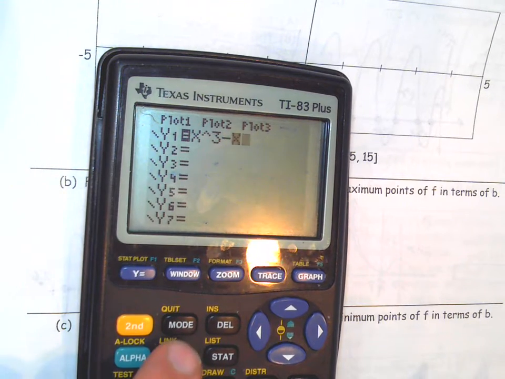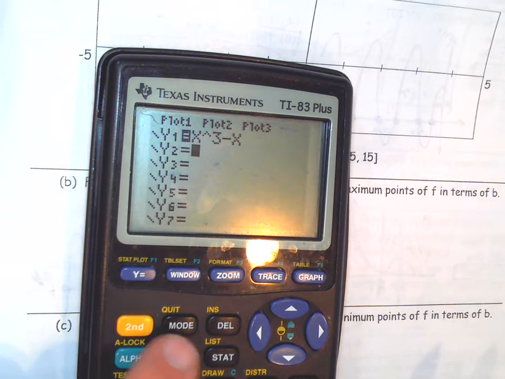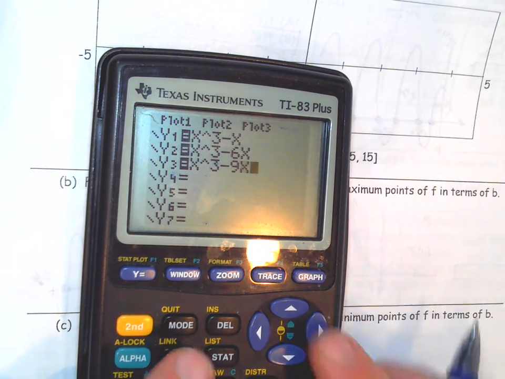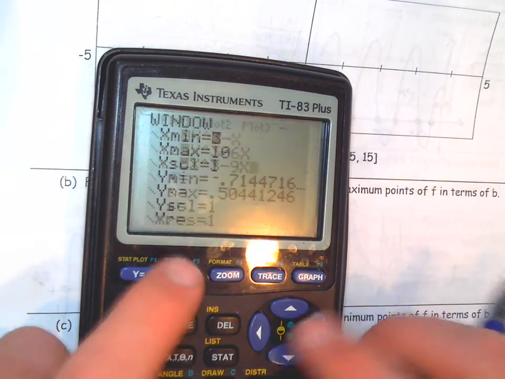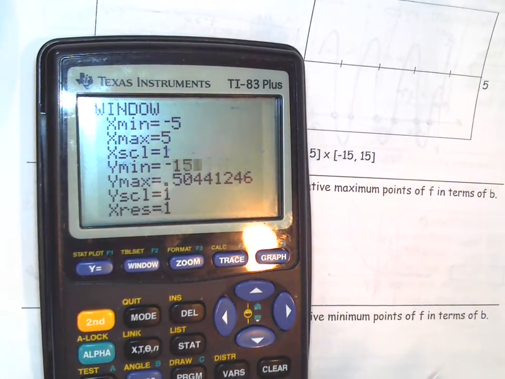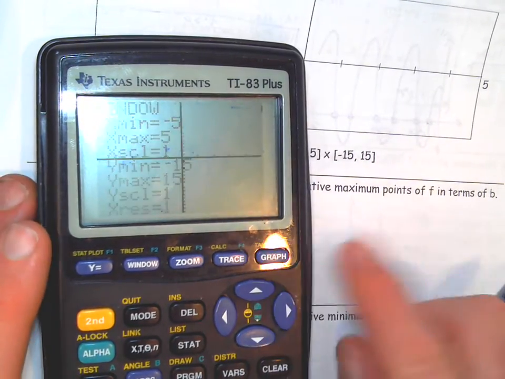Then graph x to the third minus 6x, plugging in 2. And then graph x to the third minus 9x, plugging in 3. So let's set the window based off this graph: negative 5 to 5, negative 15 to 15.